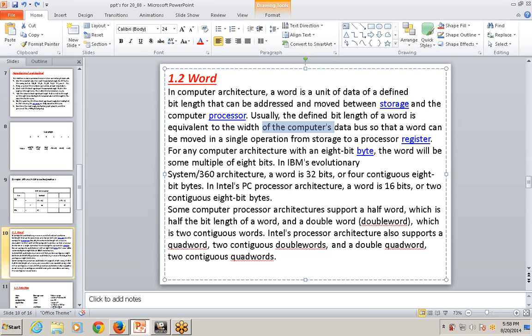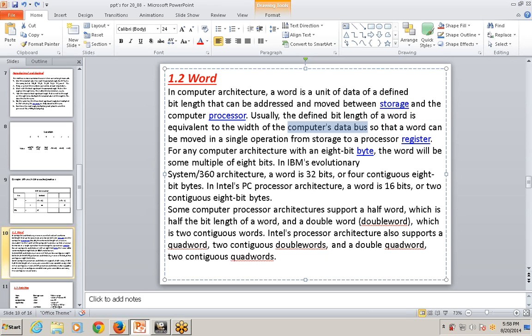Means we can use the word for storing the data or for giving the data from one place to another, from one memory to another memory.